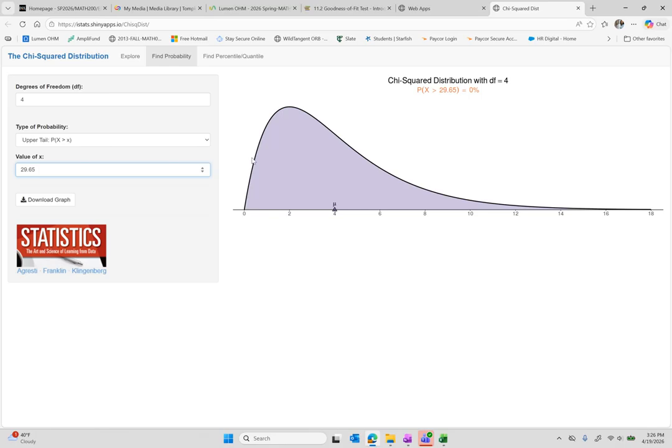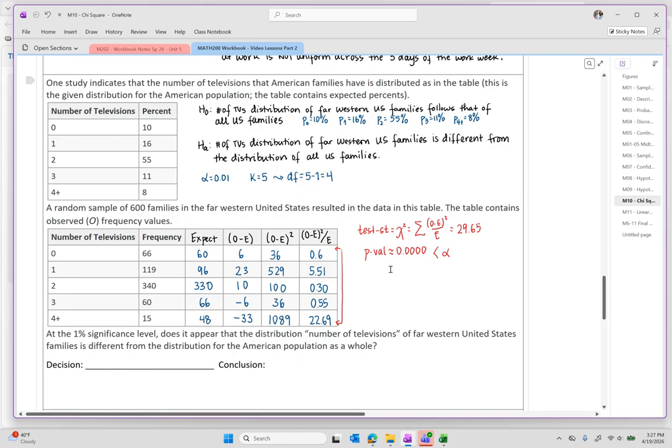Actually, this graph completes the chi-square distribution with 4 degrees of freedom at a value of chi-squared of 18. 29.65 is very far to the right, and the area under the tail is approximately 0%. So this p-value is much smaller than alpha.